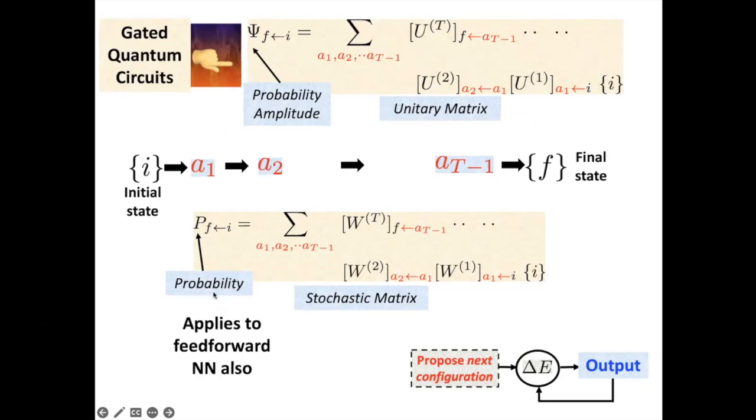Here you have these positive probabilities getting multiplied by stochastic matrices. Here you have these probability amplitudes, which are complex quantities, getting multiplied by unitary matrices. But just as you could interpret this as a sum over paths, many paths with probabilities that are getting added, in the quantum case, you could think of it as the same paths, but each has a complex amplitude, which is getting added up.